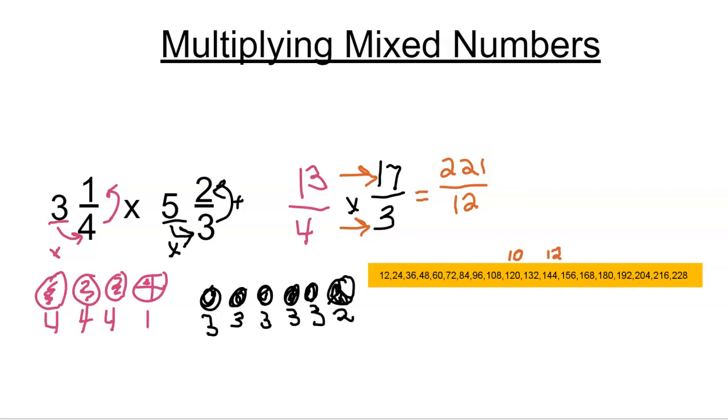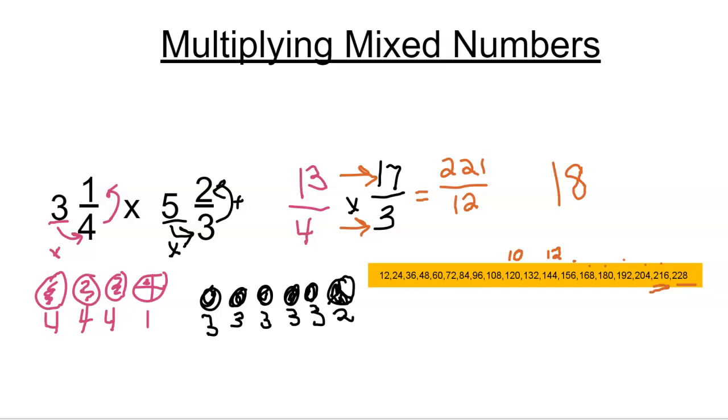So we got close to this number at 216, and then when we went to 228, we went past it. If I counted this up, 12, 13, 14, 15, 16, 17, I had to add 12 18 times, and that got me to 216.